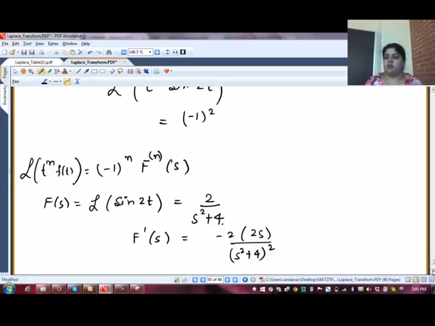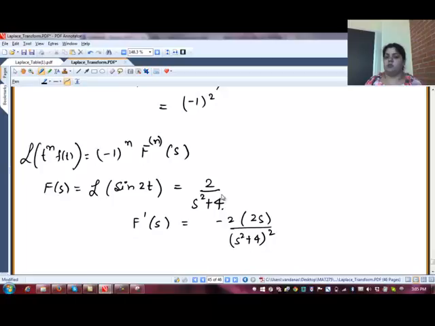And then further you will do F double prime, and then you will plug it back.